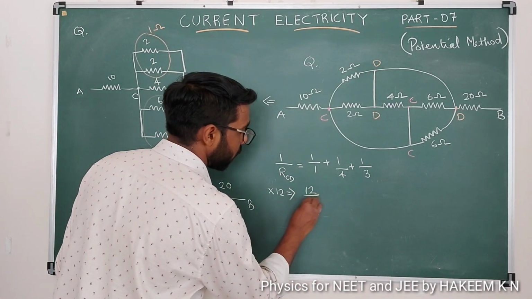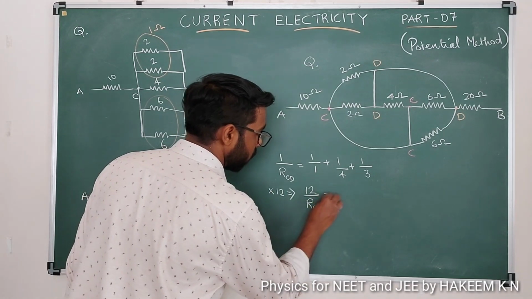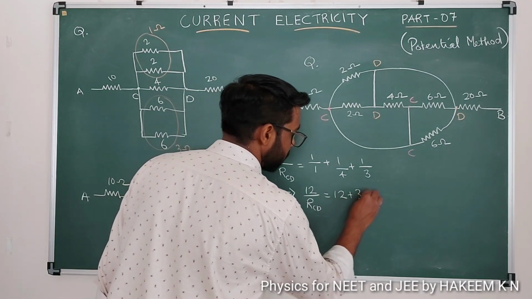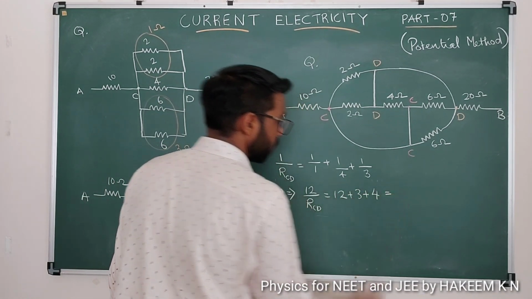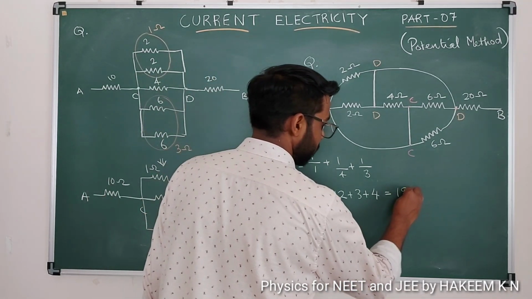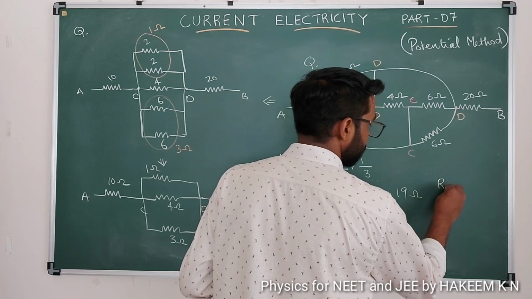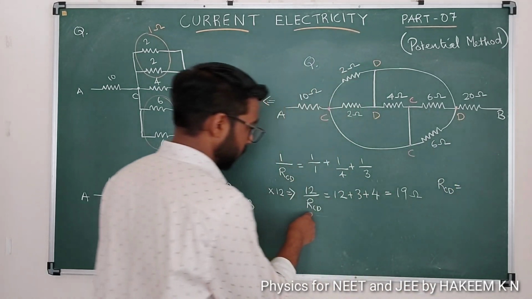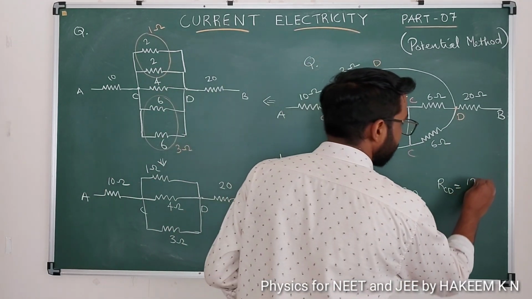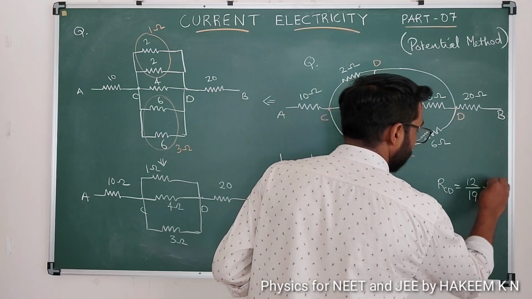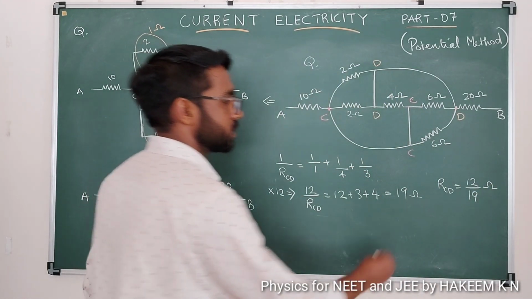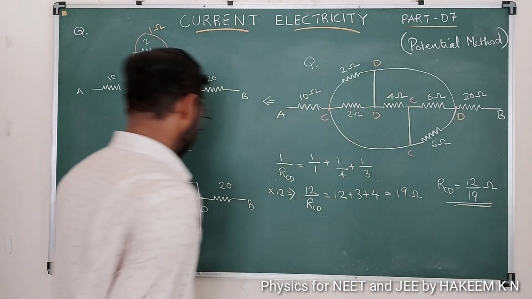So 12 by RCD equals what? 12 plus 3 plus 4. We will get 19. So RCD we will get 12 by 19 ohm. RCD is 12 by 19 ohm.